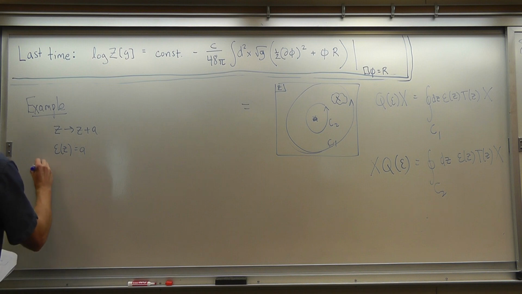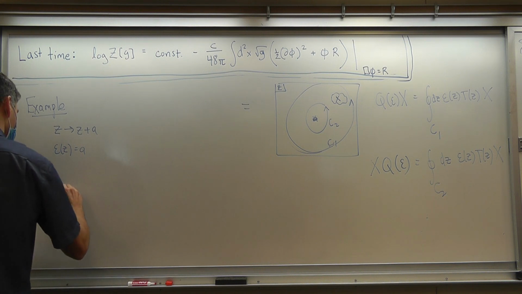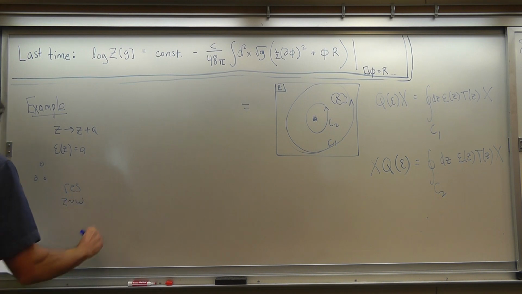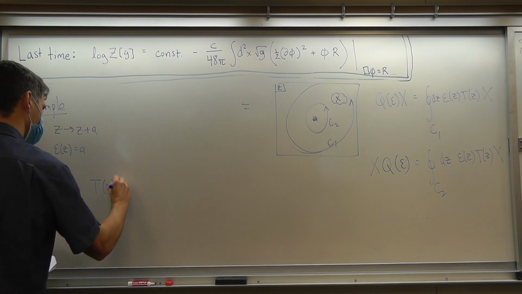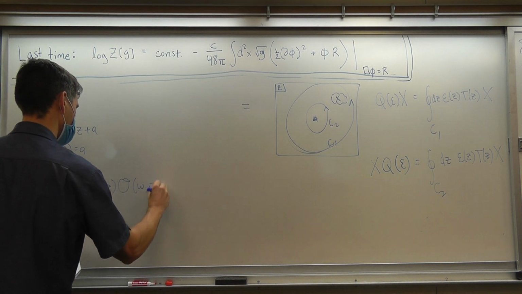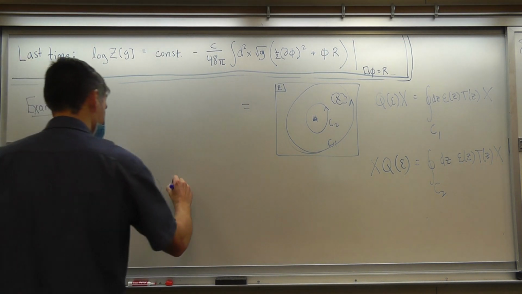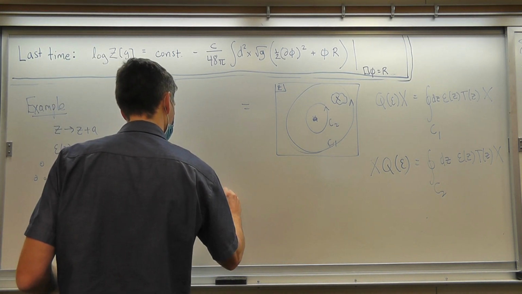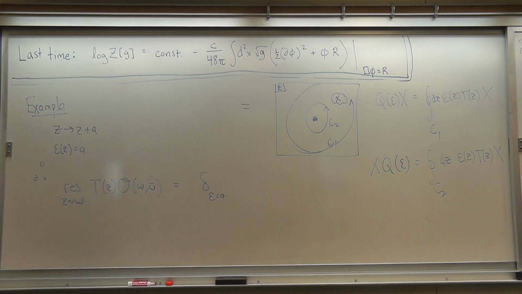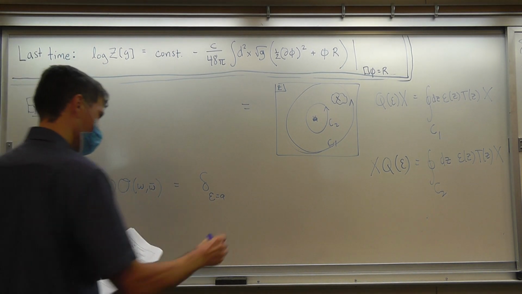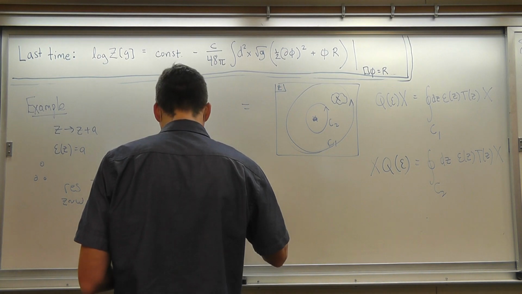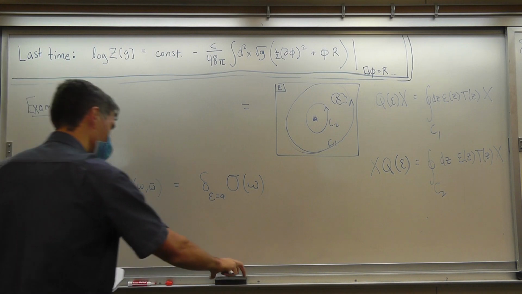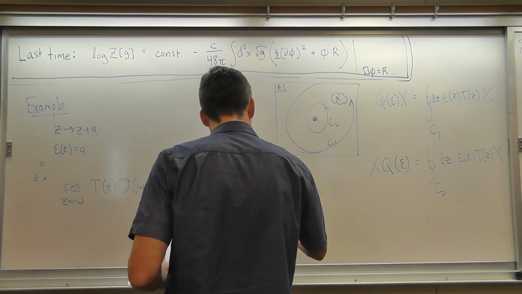And therefore the residue at z near w of T of z O of w, w bar is equal to the transformation with epsilon equals a of, well, the infinitesimal transformation of O of w, w bar.